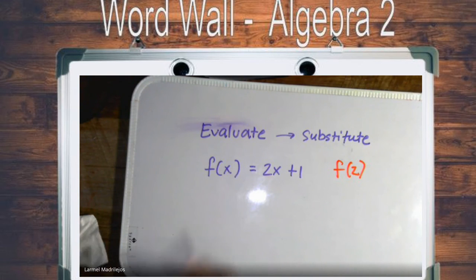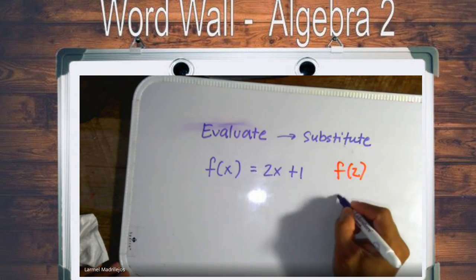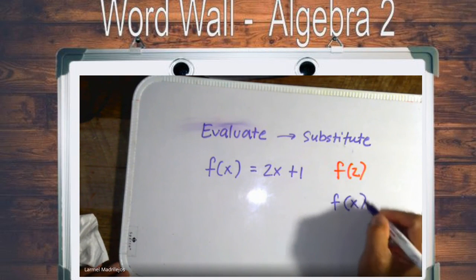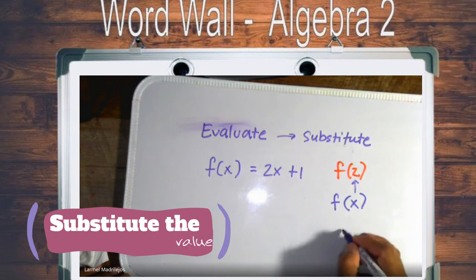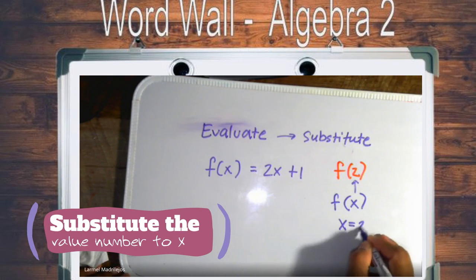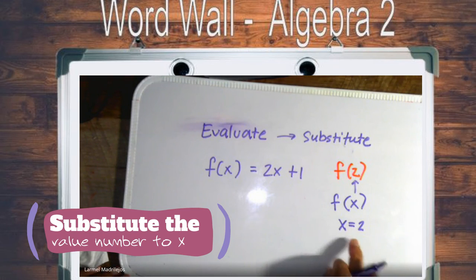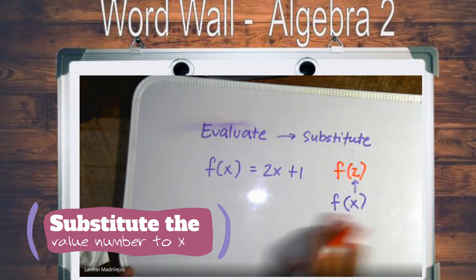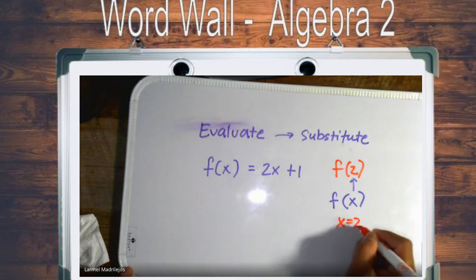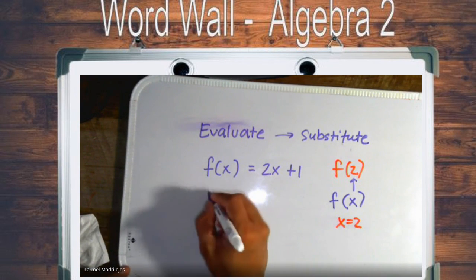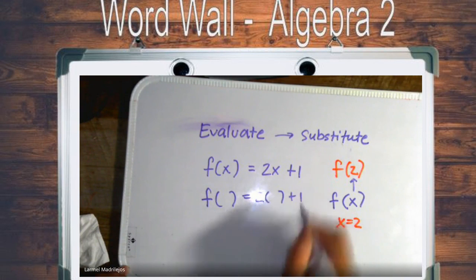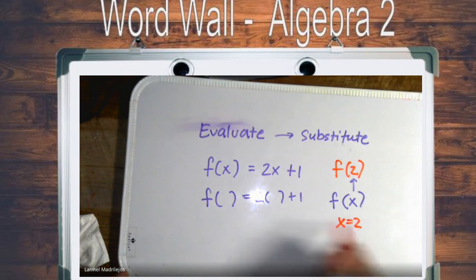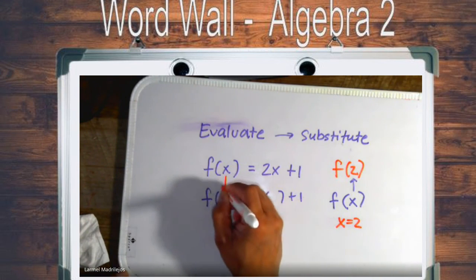If you remember that this is f of x, the meaning of that is the value of your x is equal to 2. So the value of your x is equal to 2. We are going to substitute this 2 into the equation. Okay, let me change the color. So f of 2, I'll put 2 here because it's the value of x.